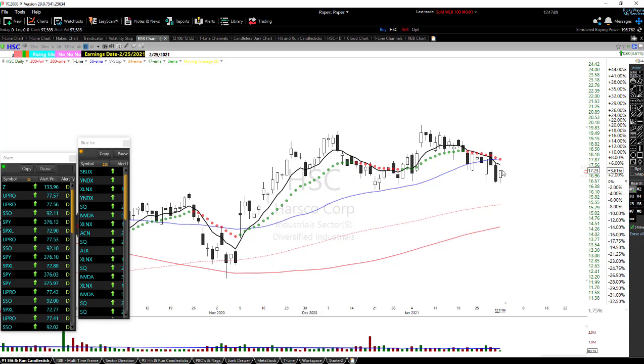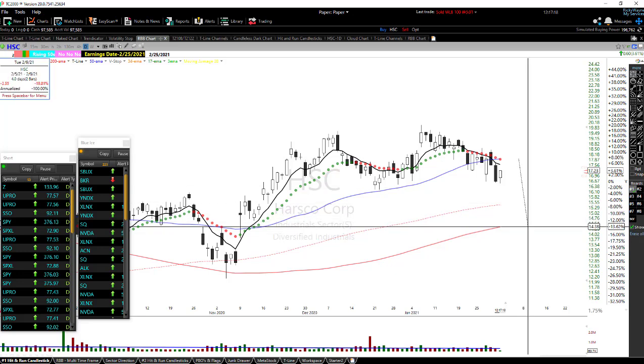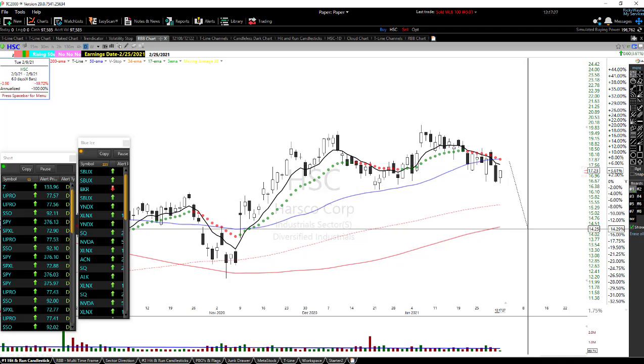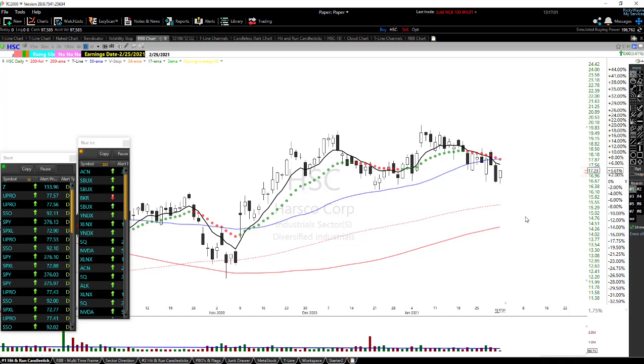Why would it be showing up on the scanner if it's making a new daily high? The reason it's showing up is because it's been in a bullish trend, and because price is below the 50 and the 200, and there's more than 10% to the 50 or to the 200 period moving average. If there's something else that's questioning that, let me know, and we can maybe solve that.